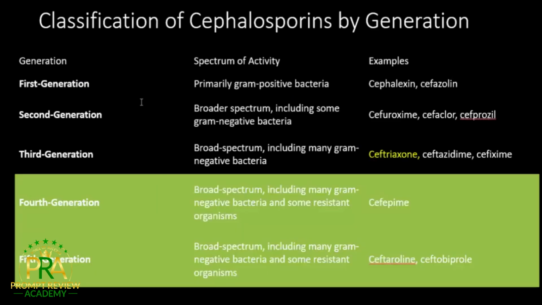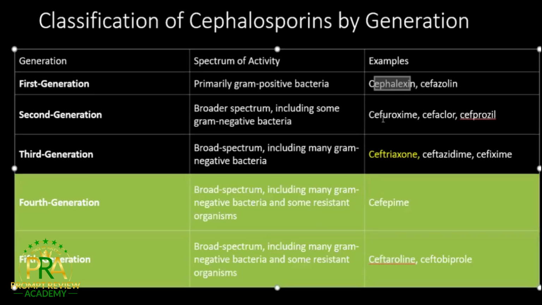And this was the cephalosporin generation that I mentioned too. So the first generation, second generation, and third generation is what you should focus more on. The first generation is where you have your cephalexin, which is your Keflex. Then you have your second generation, cefuroxime.